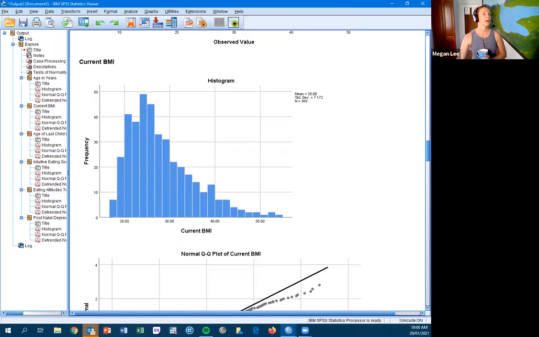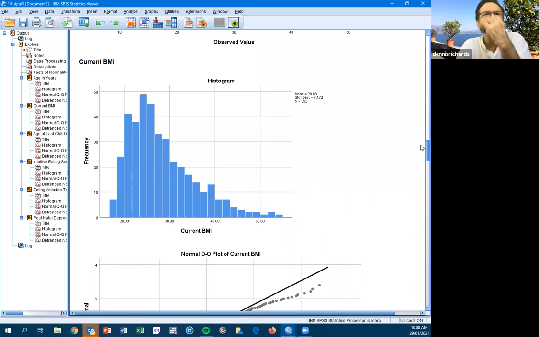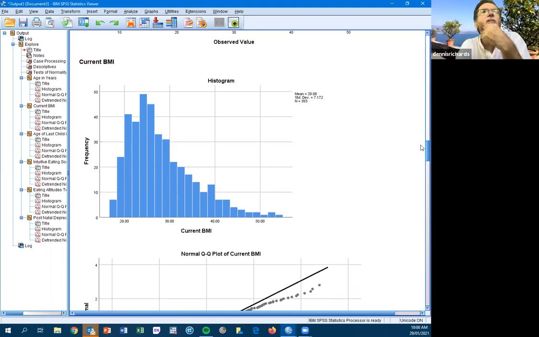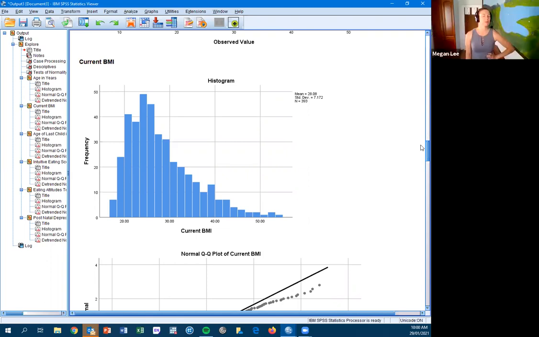Talk to me about BMI. Could be worse. Yeah, it's kind of saying the opposite thing to what you said before, Dennis. What did I say before? I can't remember. That most of the population's in the higher BMI categories. Although, if you look at the cutoff for normal, it's about here.